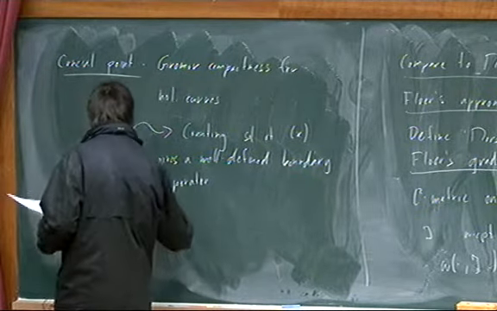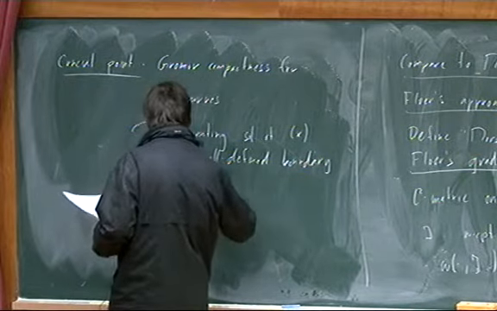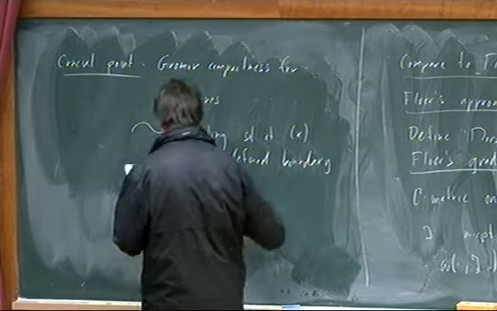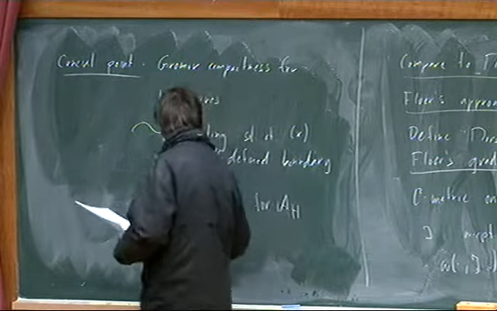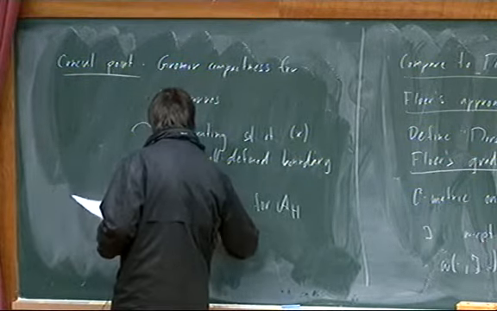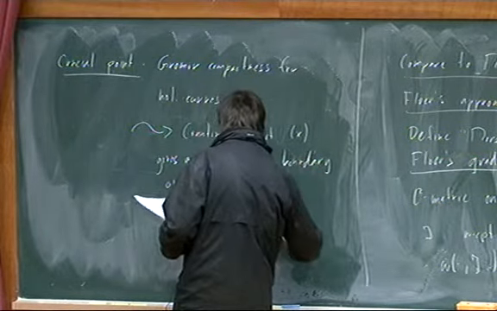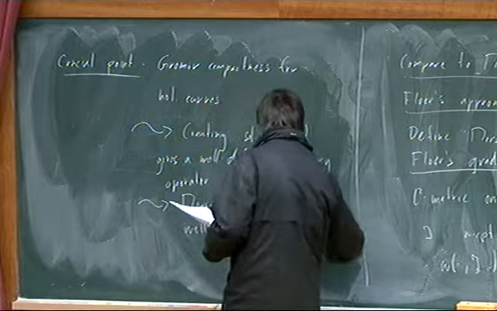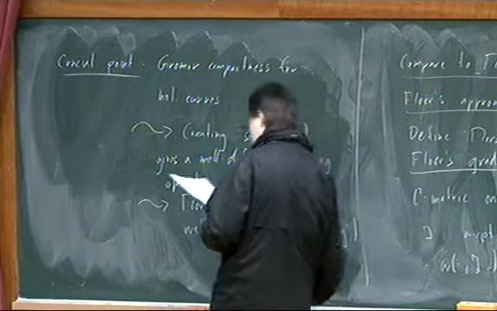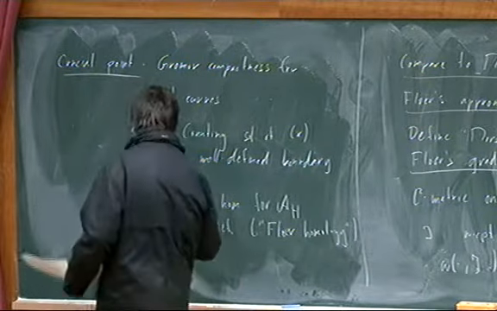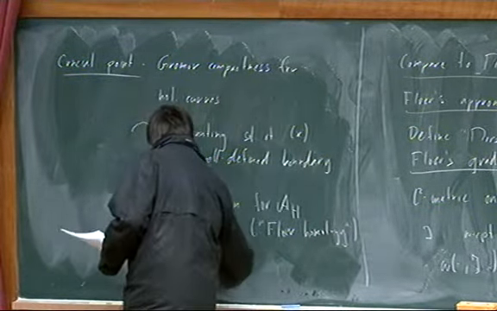And if we have a well-defined boundary operator, we have some Morse homology for this AH that is well-defined. And that's now called Floer homology. And if we have this Floer homology, we get the Arnold conjecture.